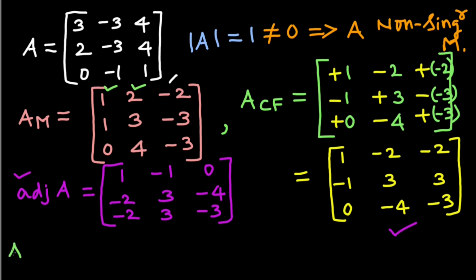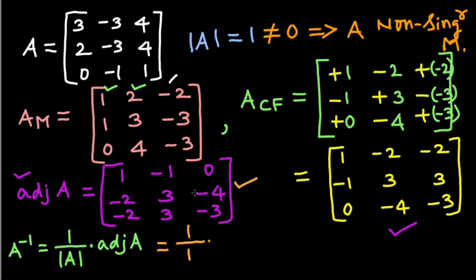We have A inverse equals 1 by determinant of A into adjoint of A. So that will be equal to 1 upon determinant of A, which is 1, into adjoint of A. So finally A inverse will be 1 multiplied by this adjoint of A, which will be the same as the adjoint of the matrix, that is 1, -1, 0, -2, 3, -4, -2, 3, -3.